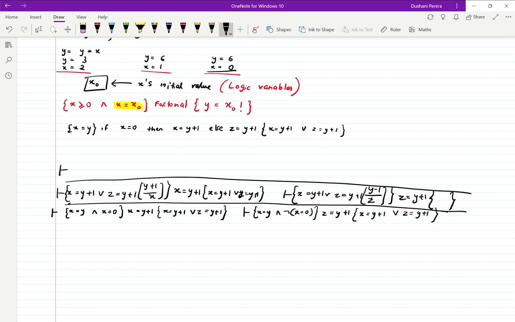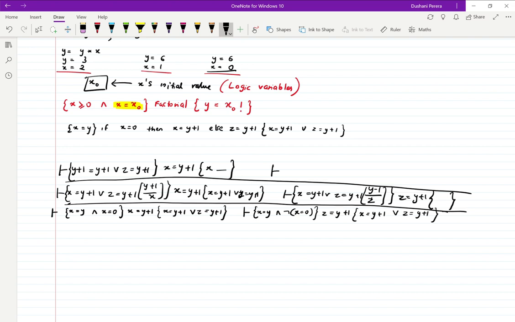Okay, once we have that, we are going to replace x with e. So we have y plus 1 equals y plus 1, or z equals y plus 1. X equals y plus 1, and then that.